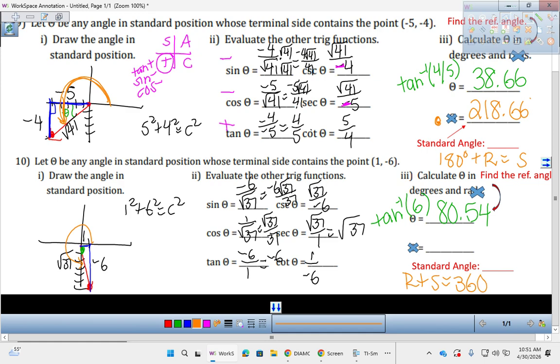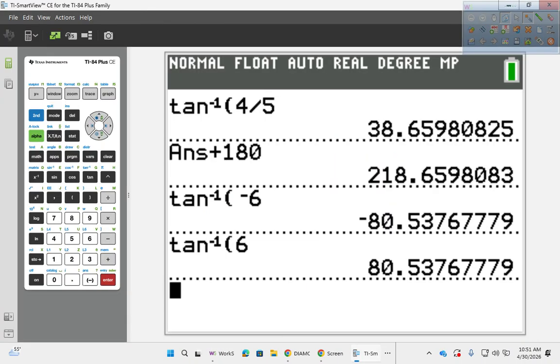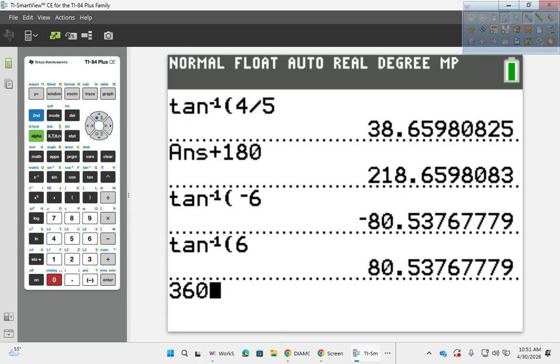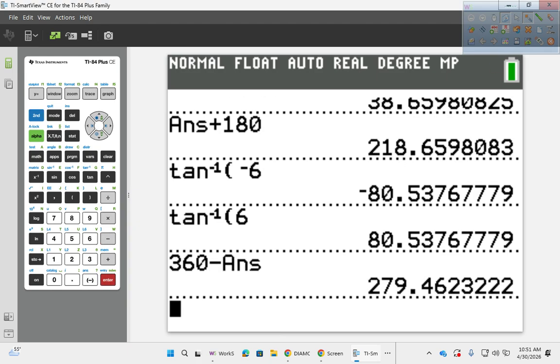You can memorize the rules or you can use the picture. Your choice, right? But together they equal 360. So if I have this one, I can just subtract it from 360 to get S. So I'm just going to take 360 and subtract that 80. So my standard angle would be 279.46.